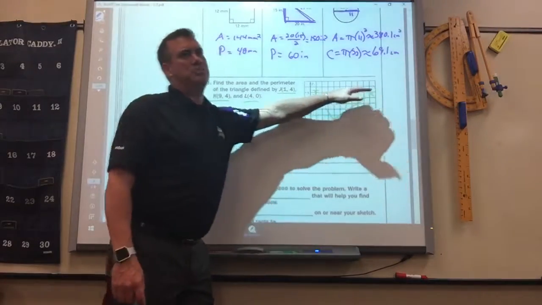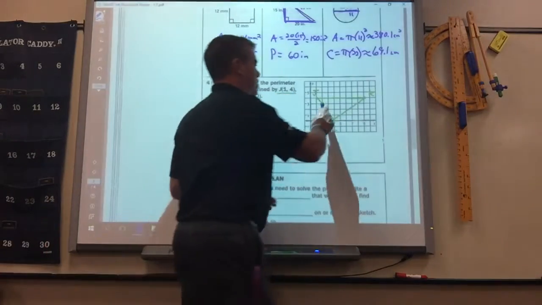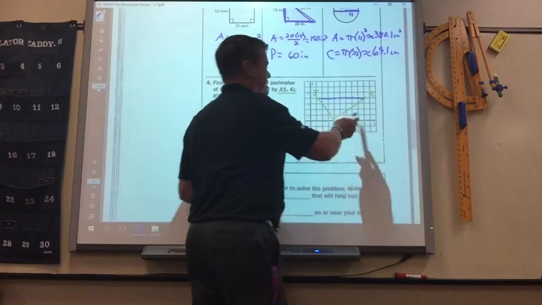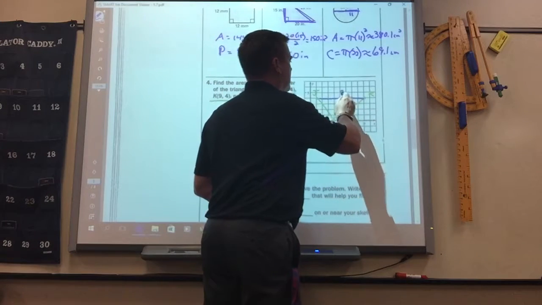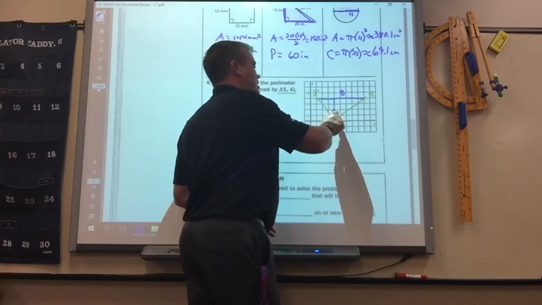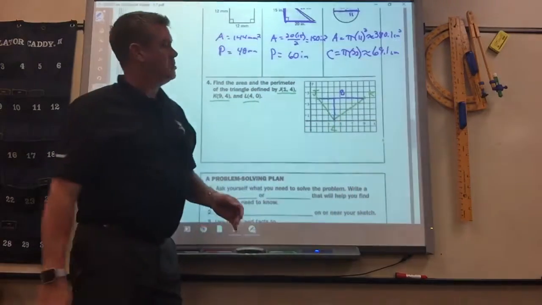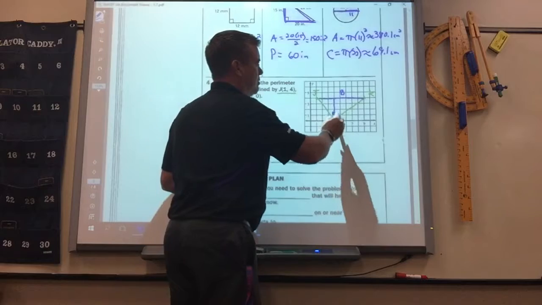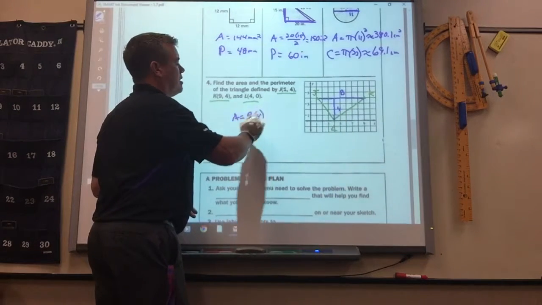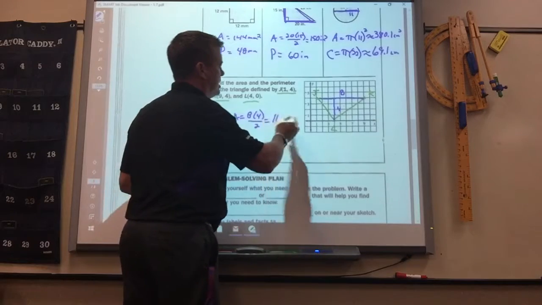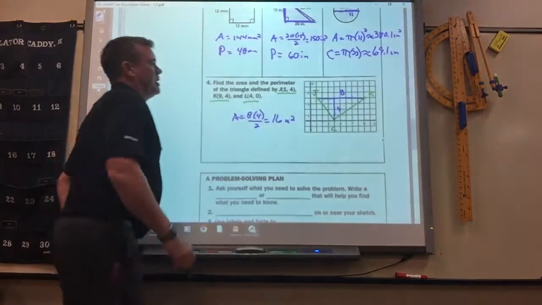Remember, you don't have to use the bottom as the base. I could use this as the base and just count it. It's 1, 2, 3, 4, 5, 6, 7, 8. And then the height is how tall it is. It's just upside down. 1, 2, 3, 4. So the area is 8 times 4 divided by 2 is 16 units squared.